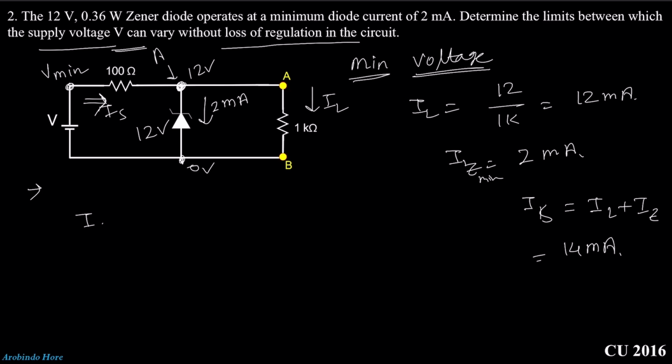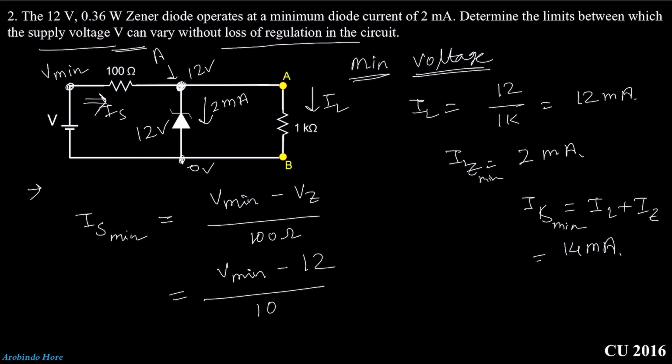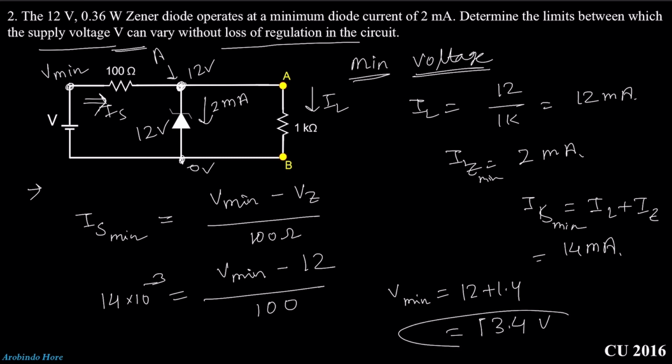So IS minimum equal to V minimum minus VZ divided by 100 ohm. That means V minimum minus 12 divided by 100 is equal to 14 milliampere. So V minima equals 12 plus 1.4, equal to 13.4 volt. So the answer is 13.4 volt when the Zener diode just starts.